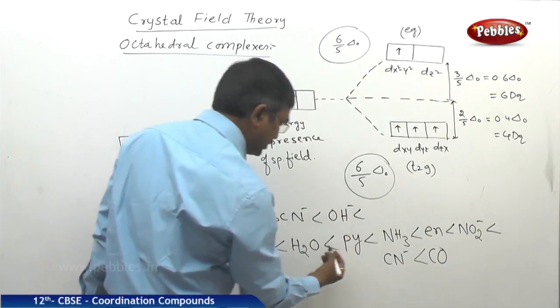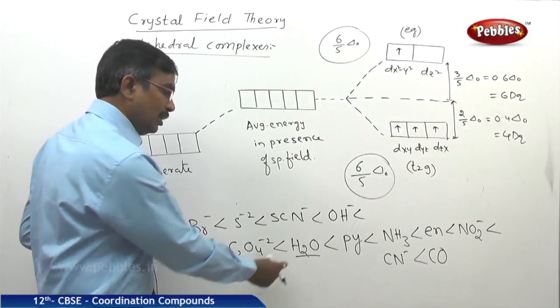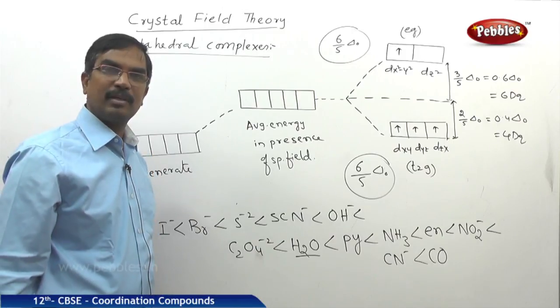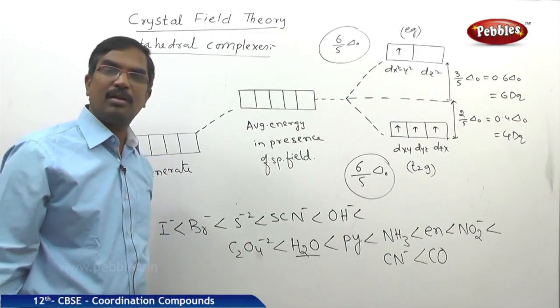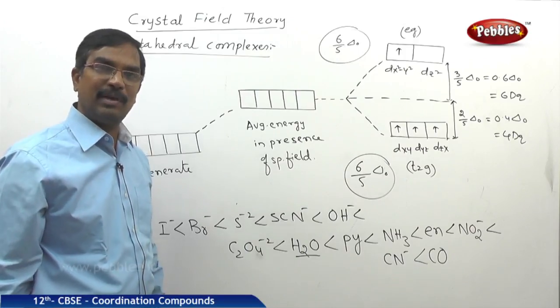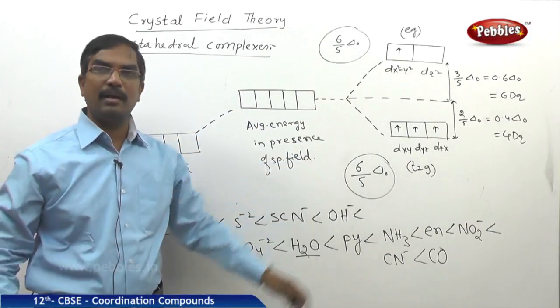The ligands up to and including water are all weak field ligands. The ligands after water are strong field ligands. In the presence of strong field ligands, the electrons will pair up.